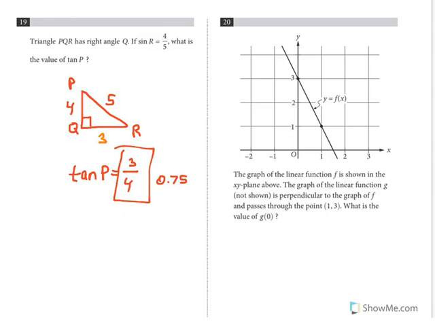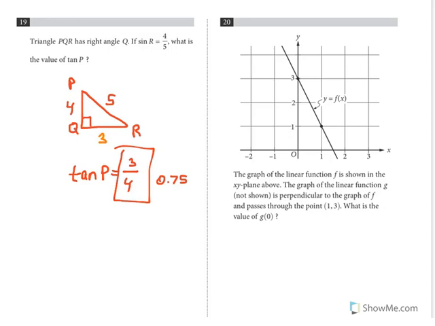The graph of the linear function f is shown in the xy plane above. The graph of the linear function g, not shown, is perpendicular to the graph of f and passes through the point (1, 3). What is the value of g of 0? Okay, a couple things going on here. First of all, if g is perpendicular to f, that means their slopes are negative reciprocals. Make sure you know what that means.